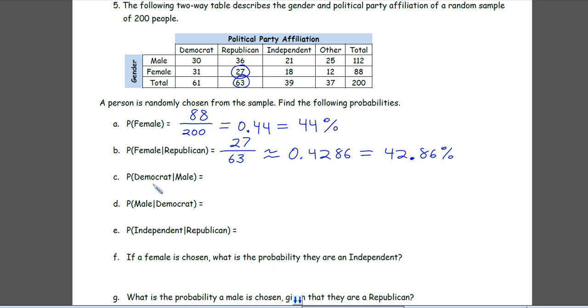So the probability of a Democrat chosen, if we're given that the person is male, so if we know that they're male, then we're looking only at the males. How many males are there? There's 112 males. And of those 112 males, how many of them are Democrats? So we're only looking at this row of males, and of those, 30 are Democrat.